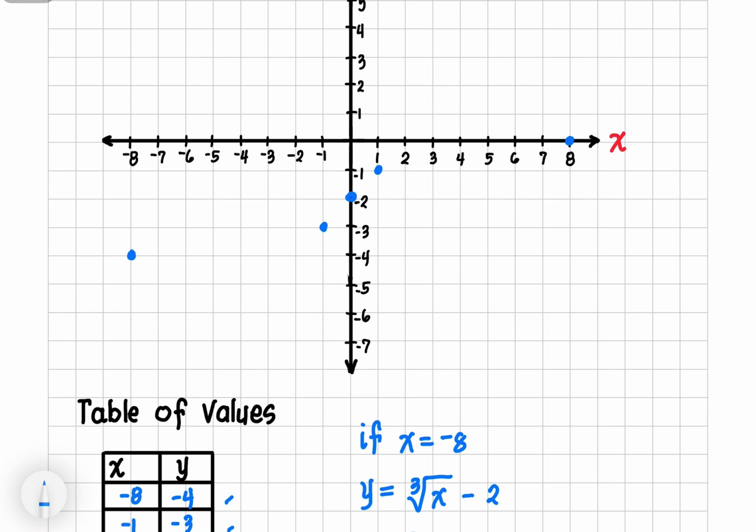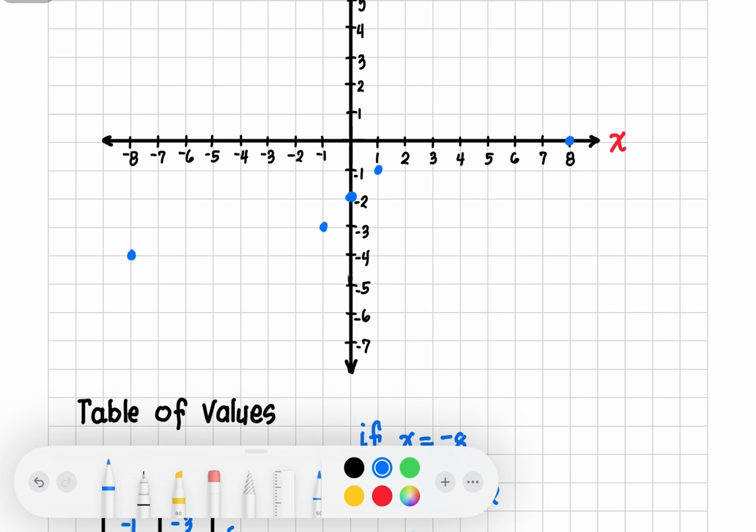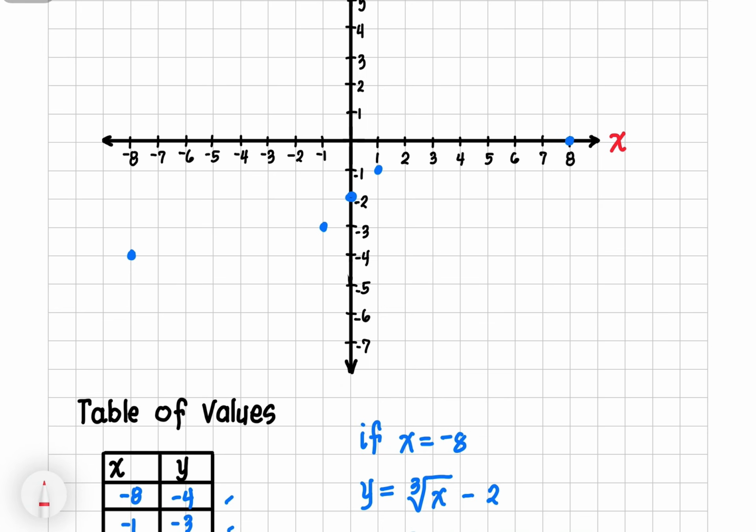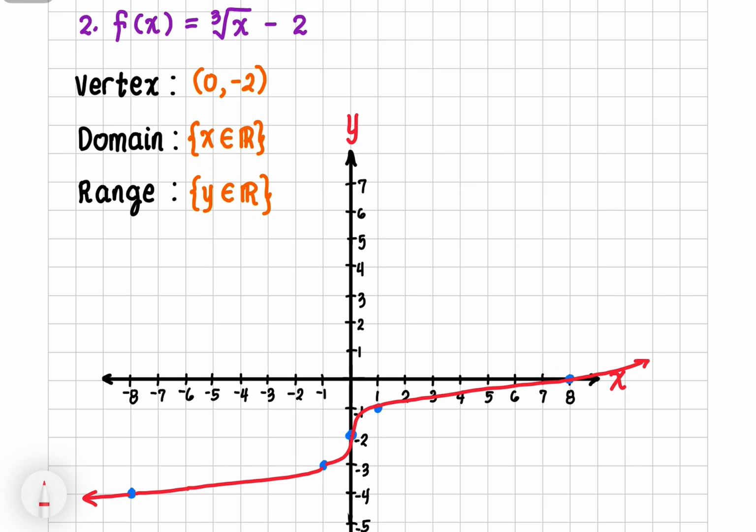Afterwards, we connect the dots or points to form an S shape, our graph. When we extend it, class, there. Let's put an arrowhead. This is the graph of our second given, which is f of x is equal to the cube root of x minus 2.